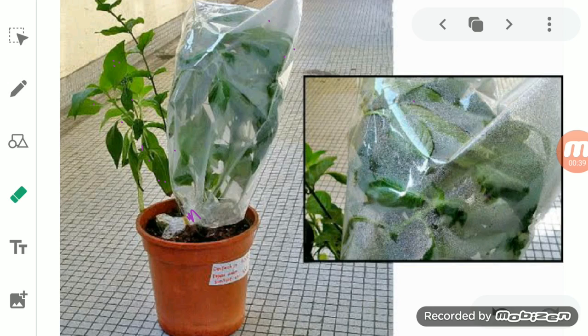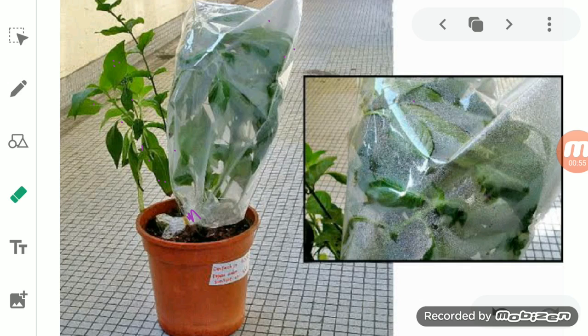The water vapor which is coming out of the pores of the leaf gets converted into water drops, and thus these water drops are present on the surface of the leaf.